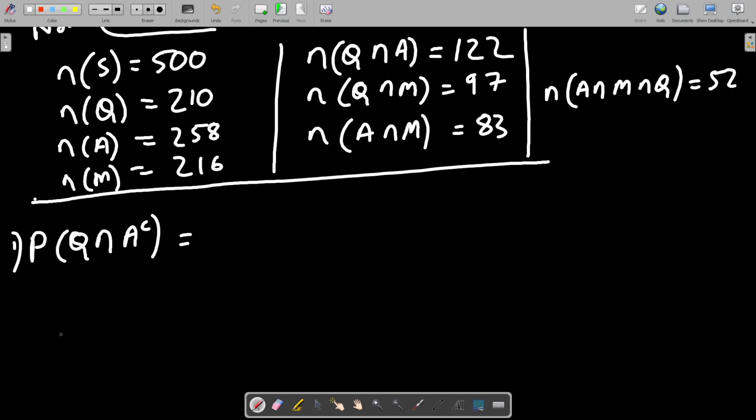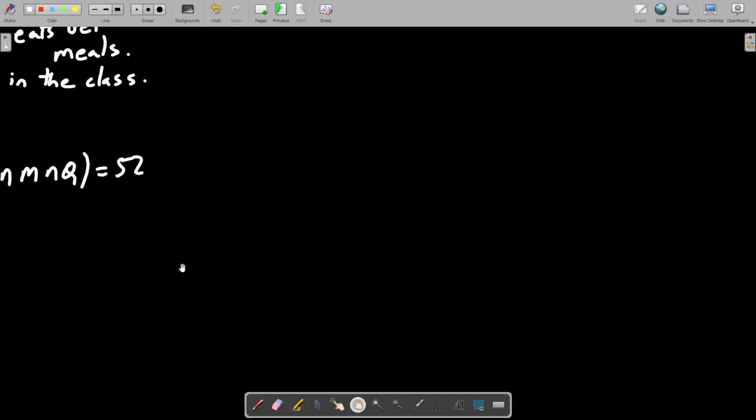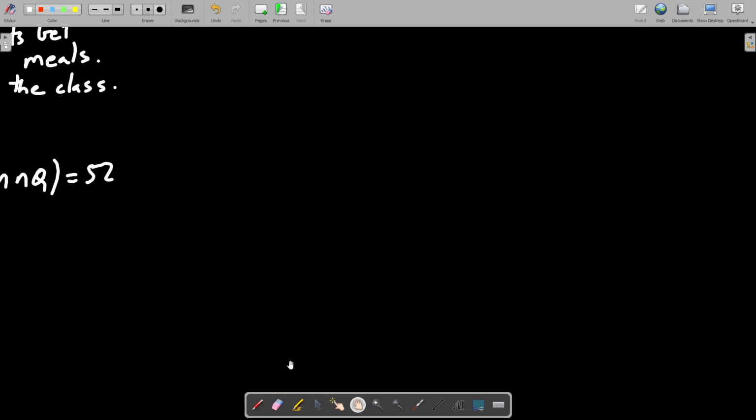Before we go to this example, just write these things down, some variations of the results which I've already given you all. What is going to be the probability of A complement, by the way? We have already seen that the probability of A plus the probability of A complement is equal to 1.